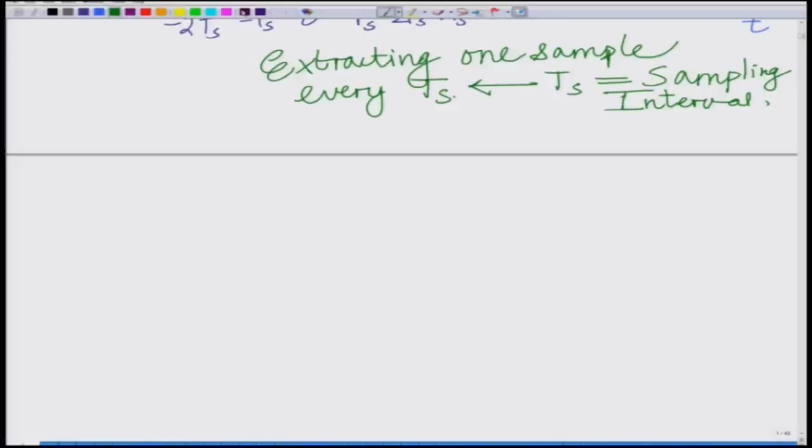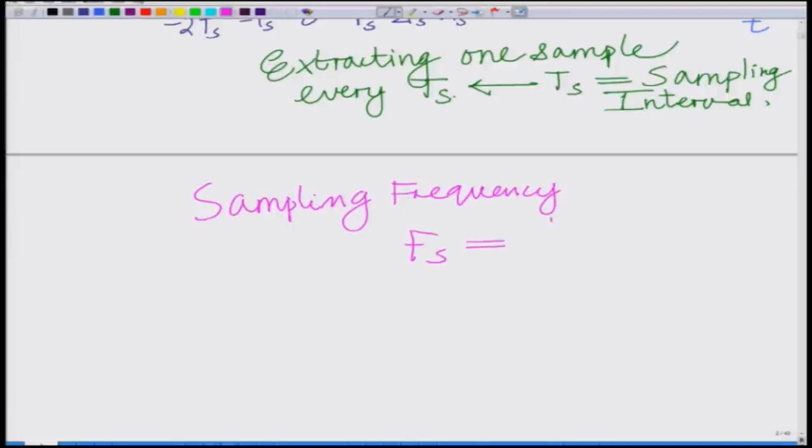Since this is a periodic process, the sampling frequency, which we will see is a fundamental quantity of this sampling process, is Fs equals 1 over Ts.